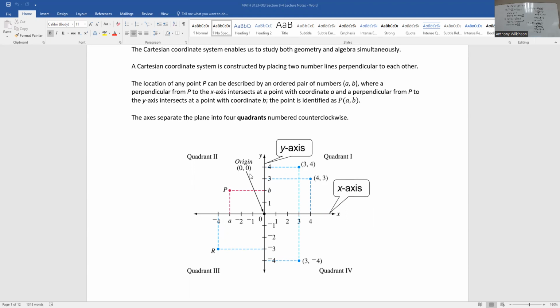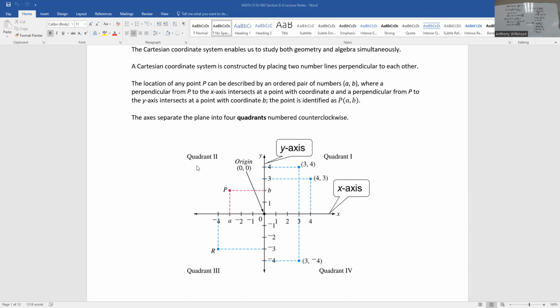And also, the coordinate plane is separated into what they call quadrants. So here there are 4 quadrants. The first one in the upper right is quadrant 1, where both the x and the y coordinates are positive. The one in the upper left is quadrant number 2.